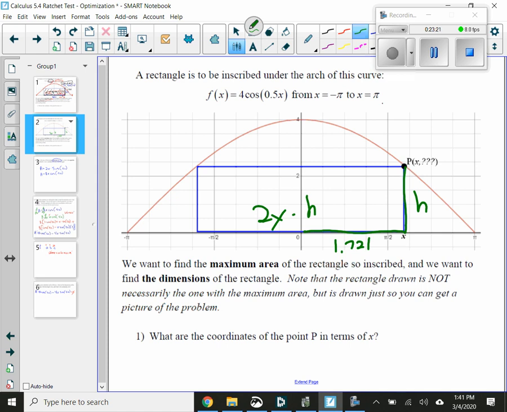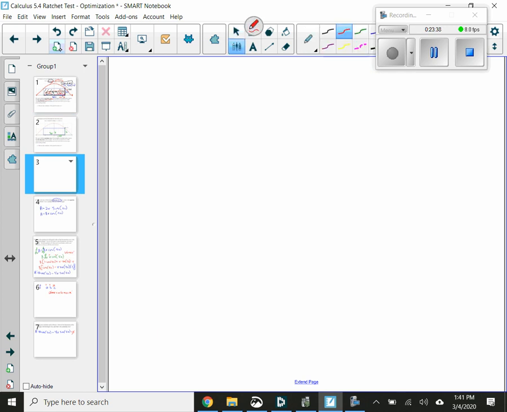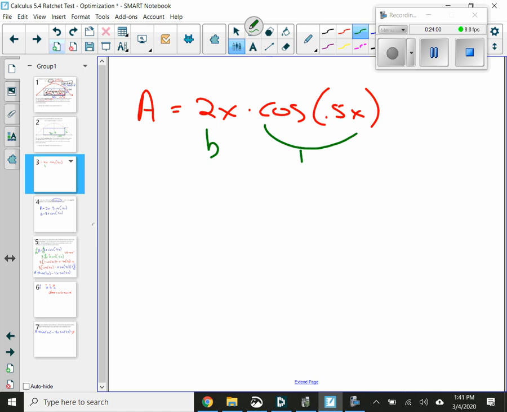So when you plug in 3.442 into the area equation, let's think it through. I could definitely be wrong, but I don't think I am. If my area is equal to 2x times cosine 0.5x, this is my base, that's my height.